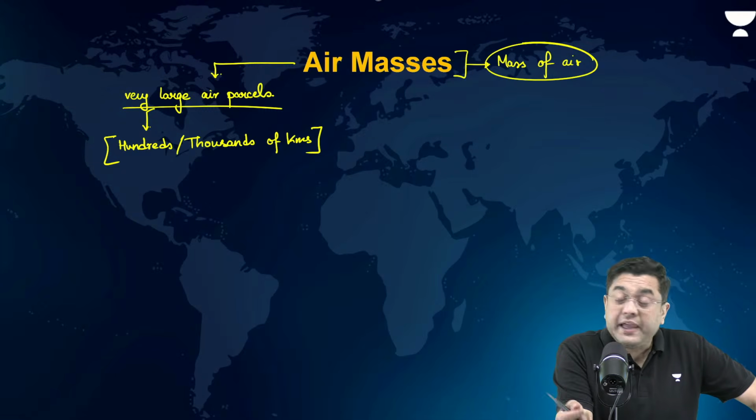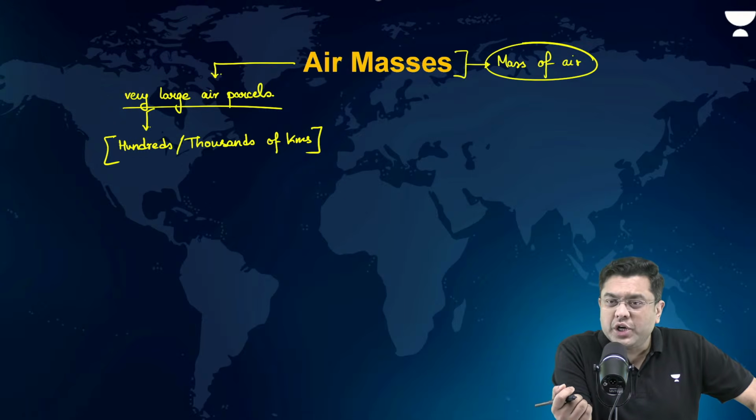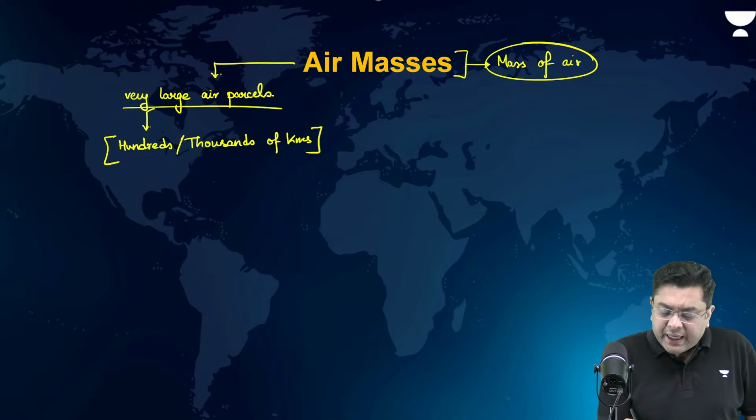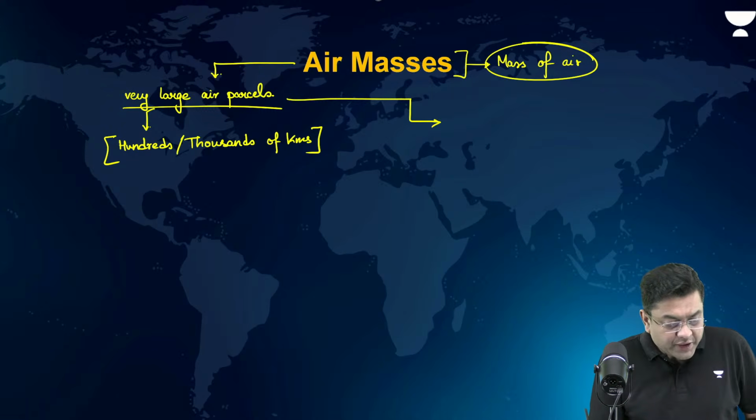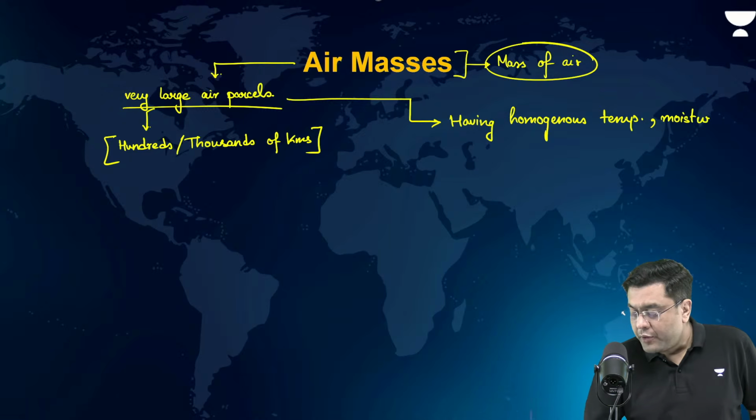No. Every air parcel will have its unique property of temperature, moisture, pressure, etc. So when we have a very large air parcel having homogeneous temperature and pressure or moisture conditions and pressure.